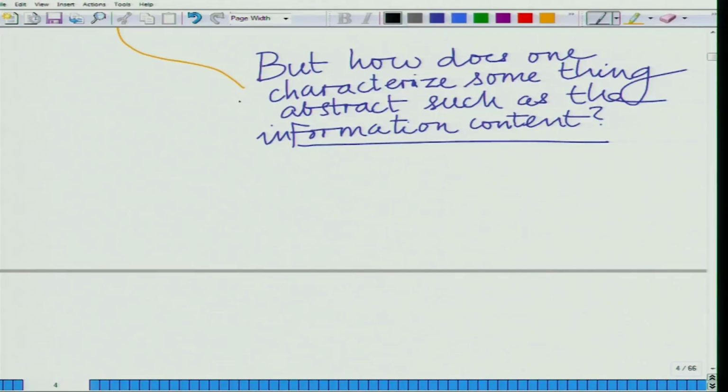And information theory does nothing but provide us a means to characterize, to provide us a tangible measure of this otherwise abstract notion of information. Okay. So, that is what information theory precisely does.